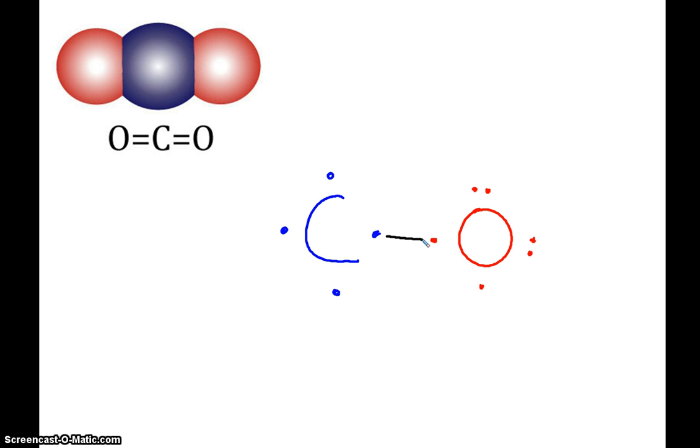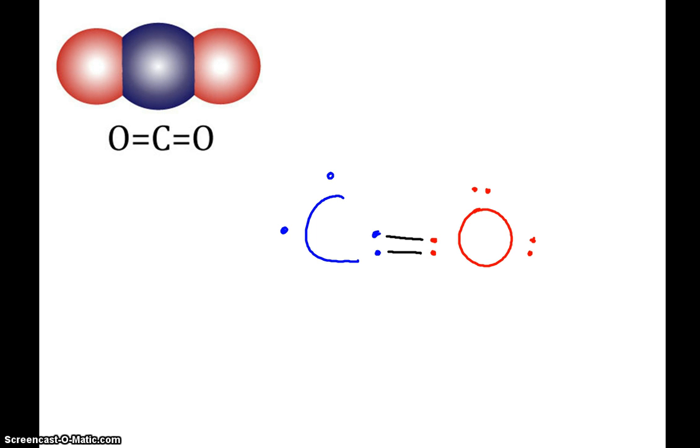What happens if we take this electron here and this electron there and slide them up, and form a bond right there, and then we can get rid of these. And so now by sliding those electrons, we've just formed a double bond between the carbon and the oxygen.